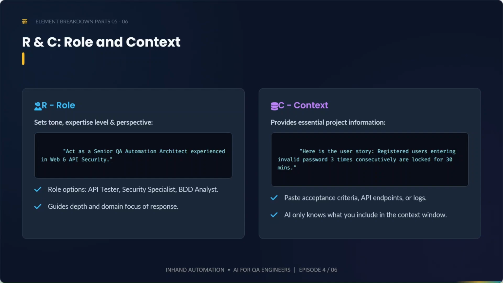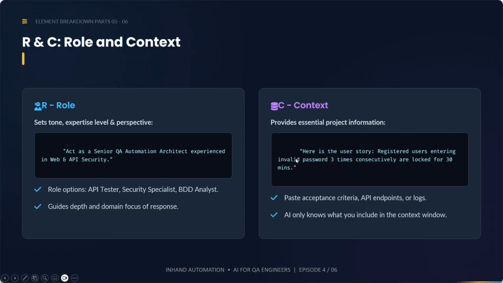Now, the next is context. Context means the actual requirement. So, the moment we are done with our role, the next step we will be giving a complete requirement. After providing that role, act as a senior QA automation architect experience in web and API security, here is the user story.